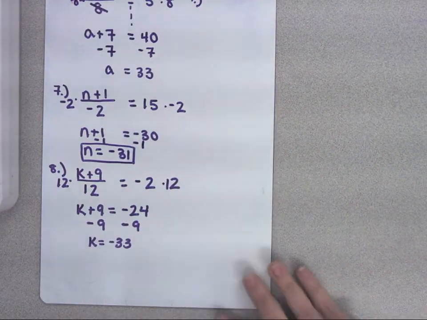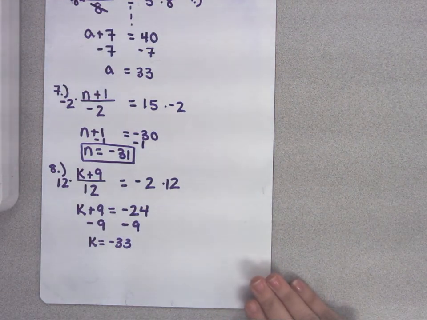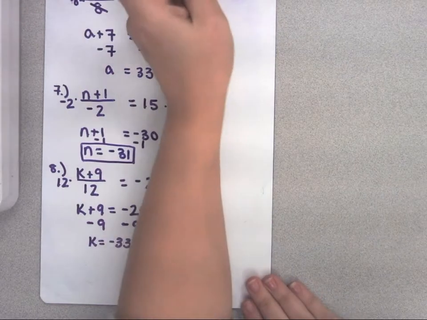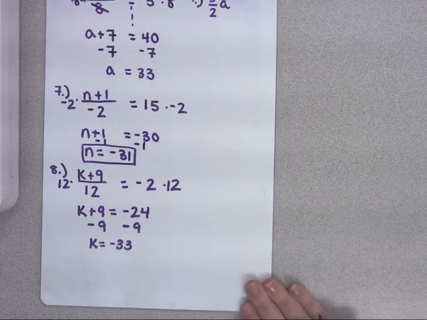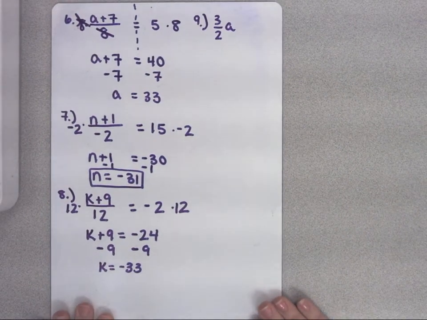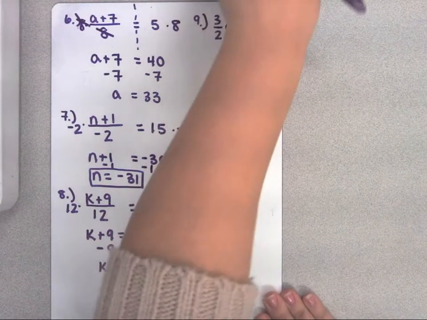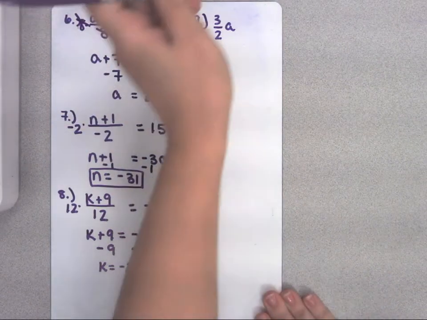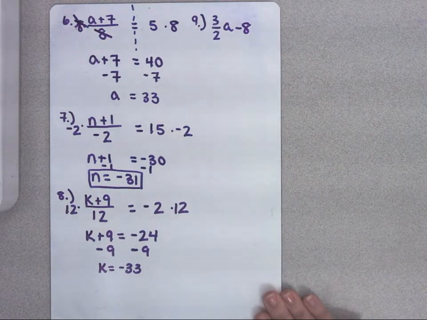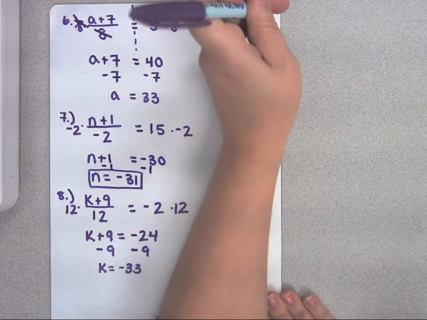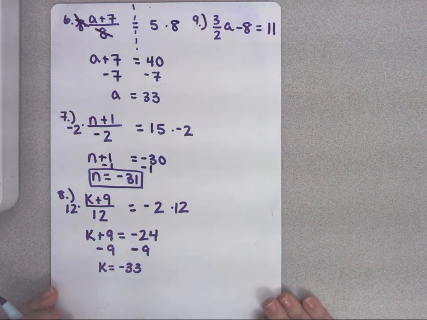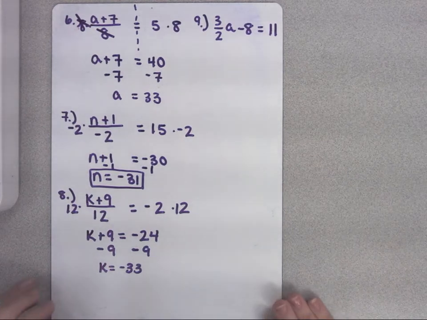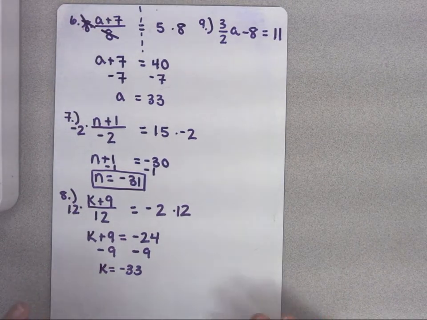Number 9. Still gonna have fraction in it, it's just gonna look a little different. Okay, 3/2 times A, should still have to write it as that kind of fraction there, Blake. Minus 8 equals 11. These are going to be the kinds of problems where you're going to have fractions in your answer sometimes.